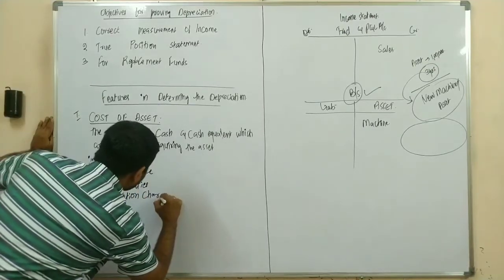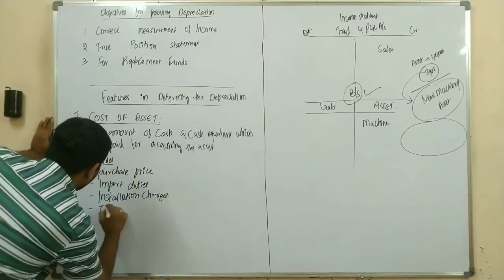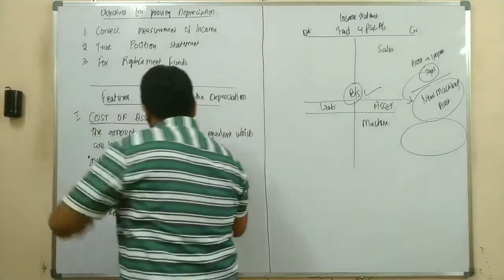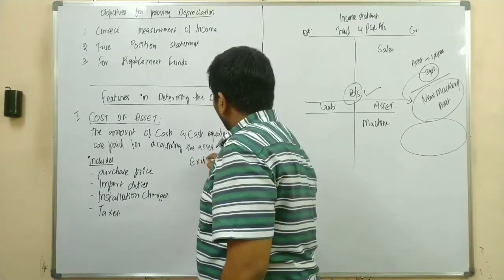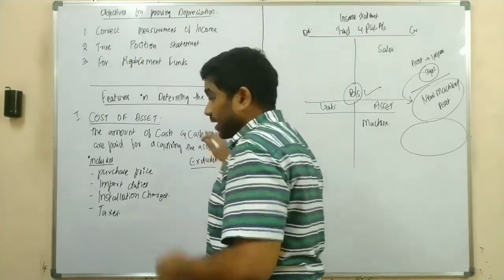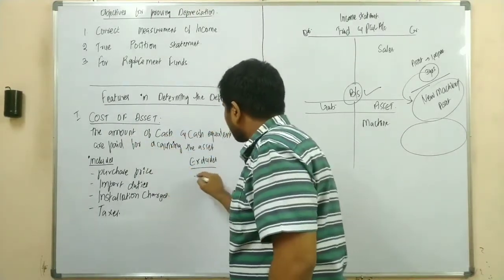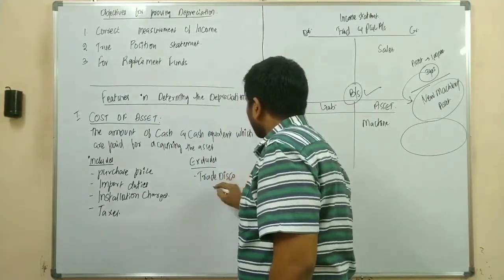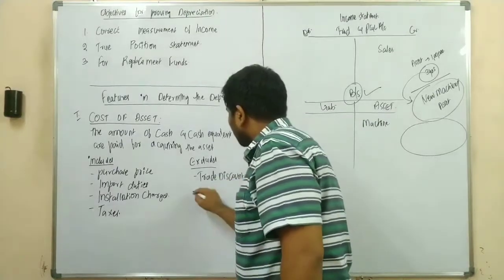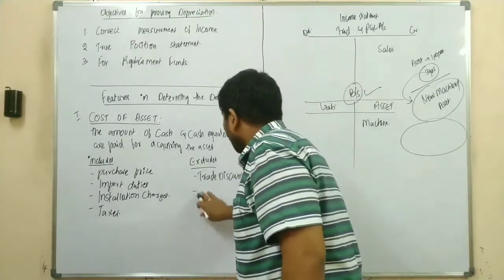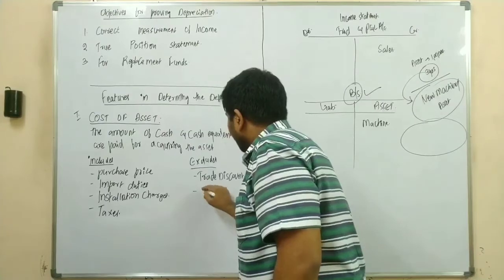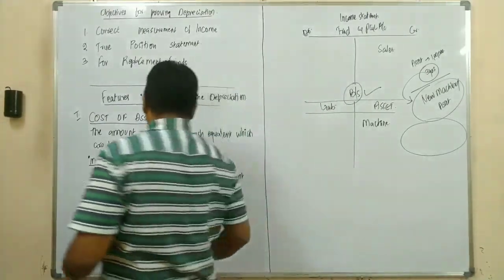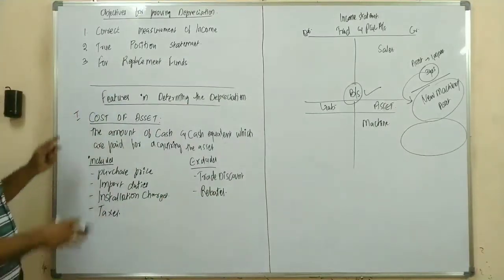Installation charges and some taxes which are supposed to be paid to the government. And the cost excludes your trade discount and rebates. If there are any rebates, those rebates should be excluded. So this is nothing but your cost.